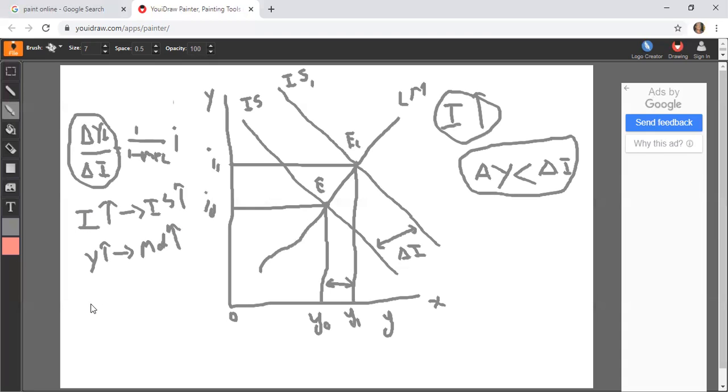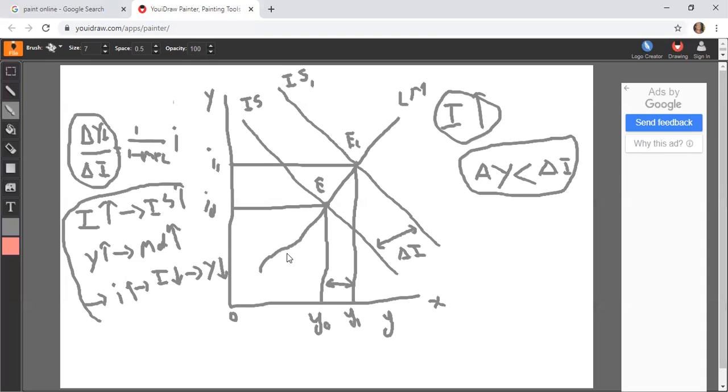This increase in demand for money will lead to an increase in the rate of interest, and this increase in the rate of interest will bring down investment. A decline in investment will lead to a decline in income in the next round. This is how the change in income becomes less than the change in investment. That's why the multiplier seems much less when the IS curve shifts upward.